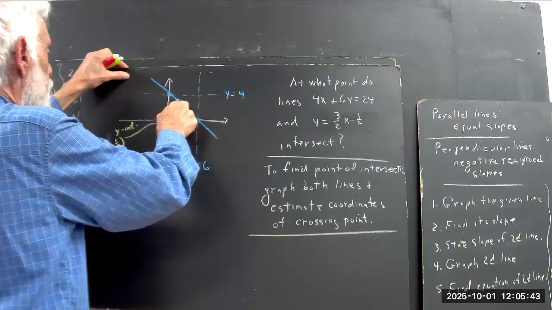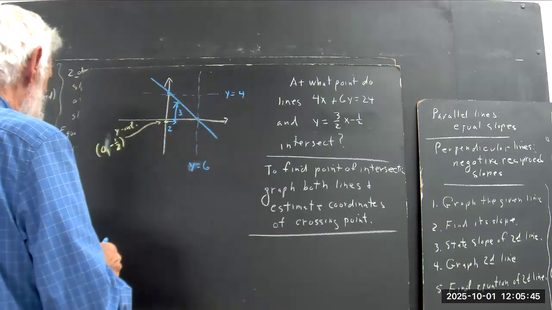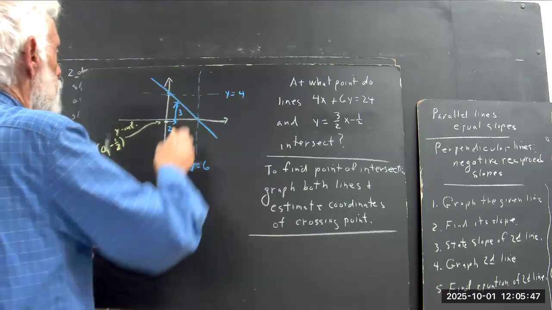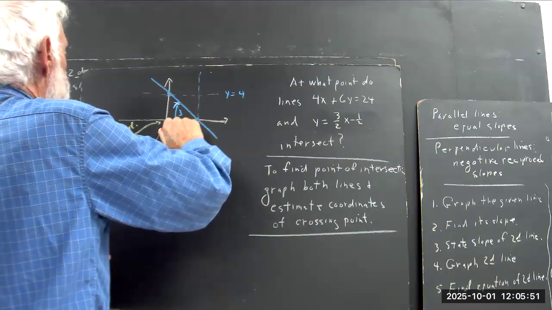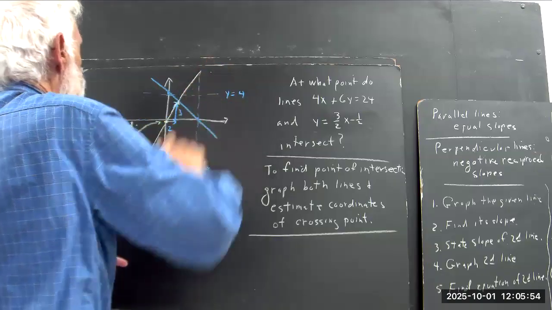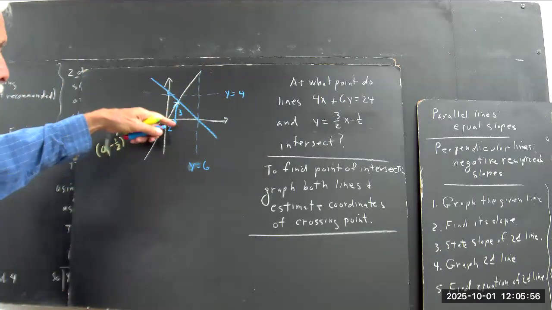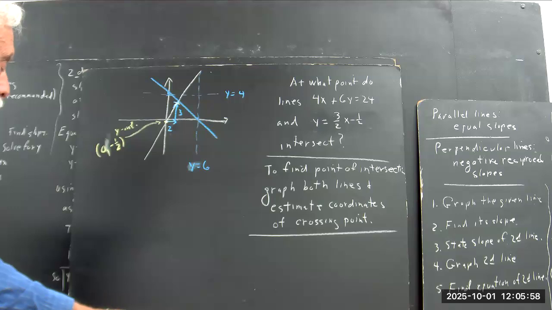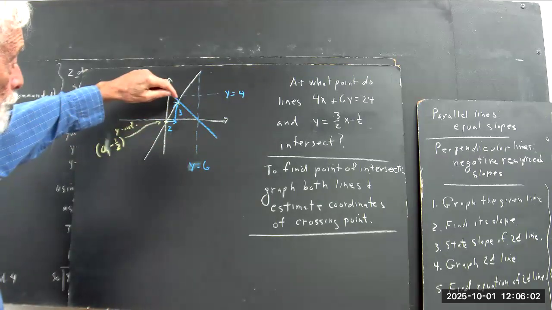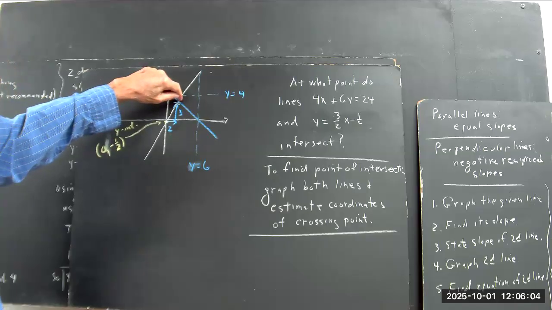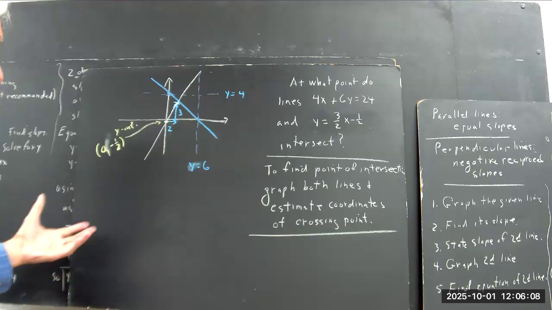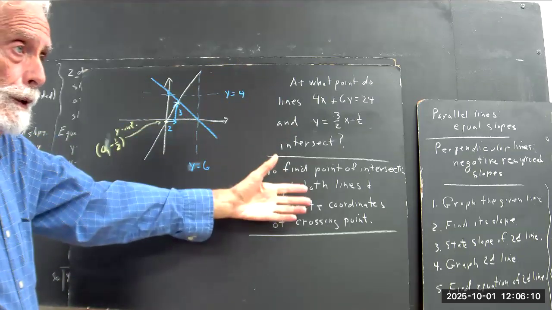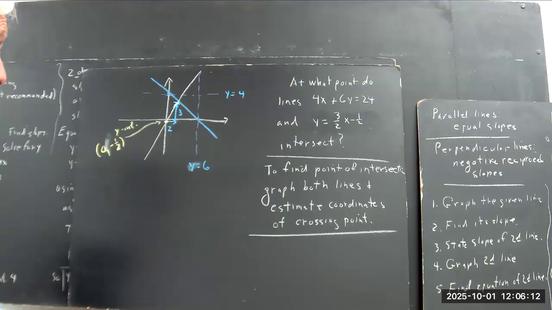It's not totally accurate, but there's a picture. And then I sketch my straight line through the y-intercept and this point, and I estimate the coordinates of this point. Does that make sense?